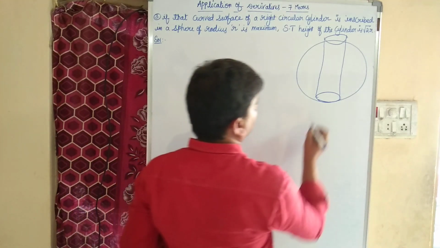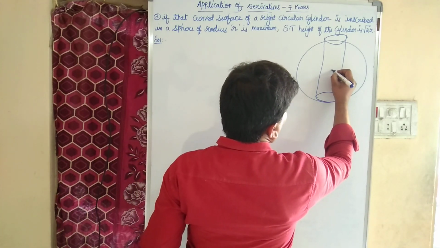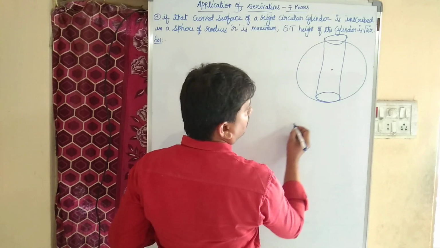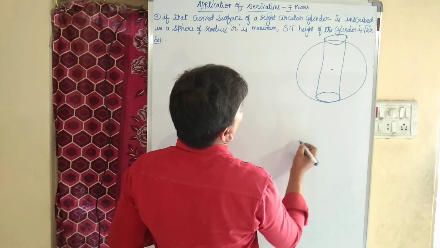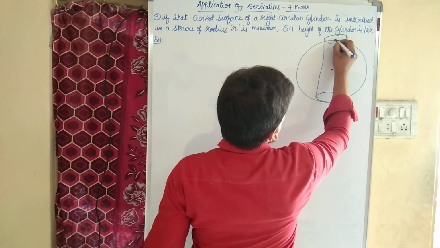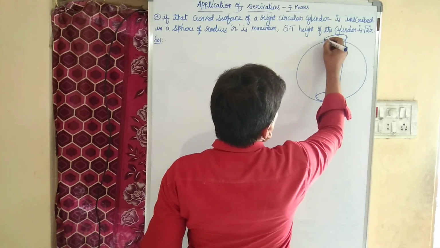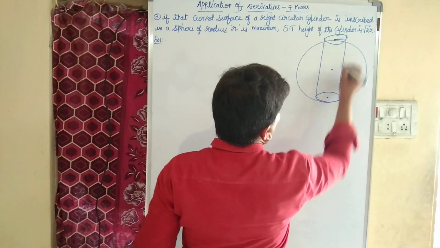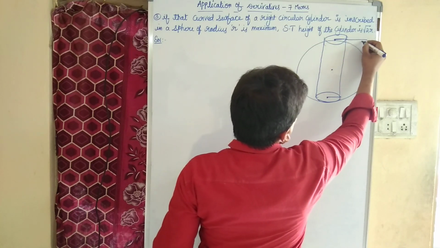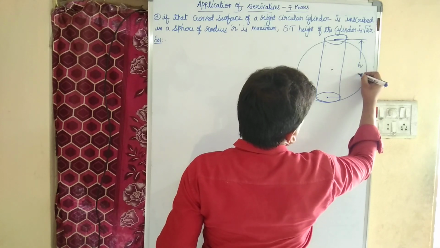What is the radius of the sphere? The radius of the sphere is r, and let the height of the cylinder be h units.